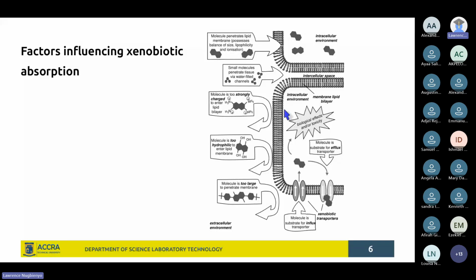And ingestion means you are taking the substance through the mouth. That is ingestion. And injection is when you use a needle and syringe to inject the substance.